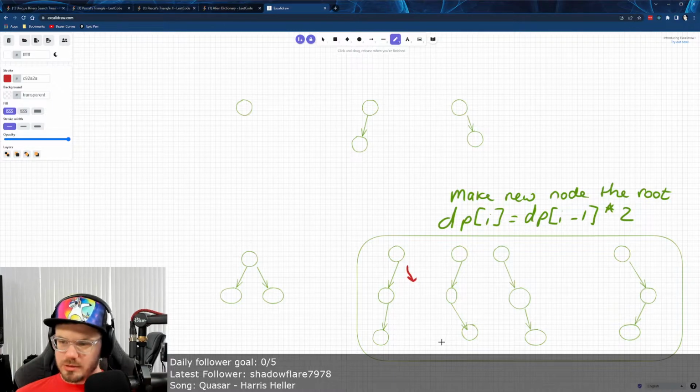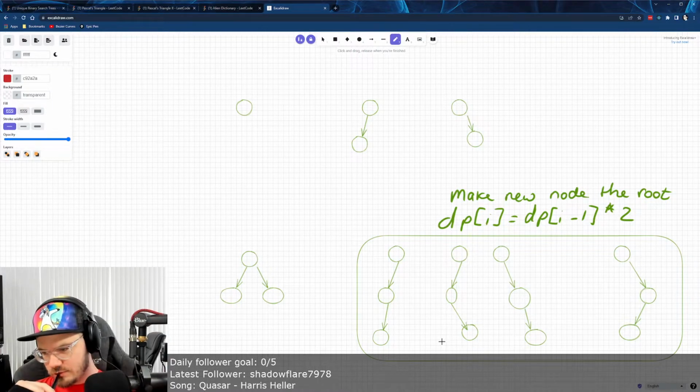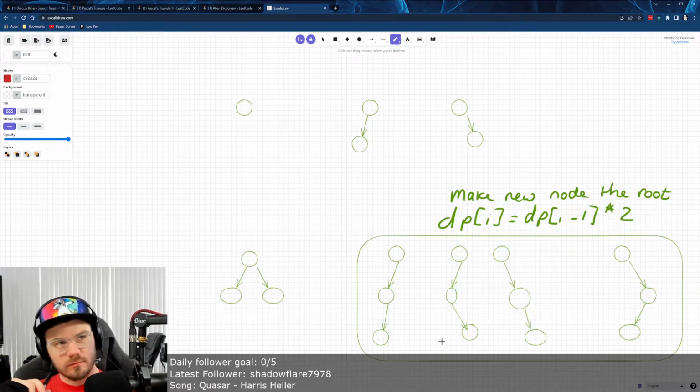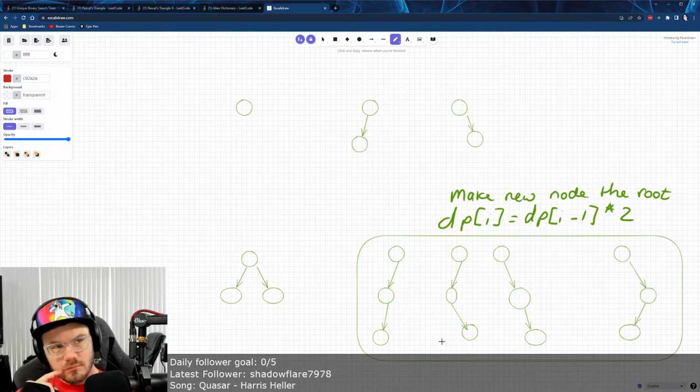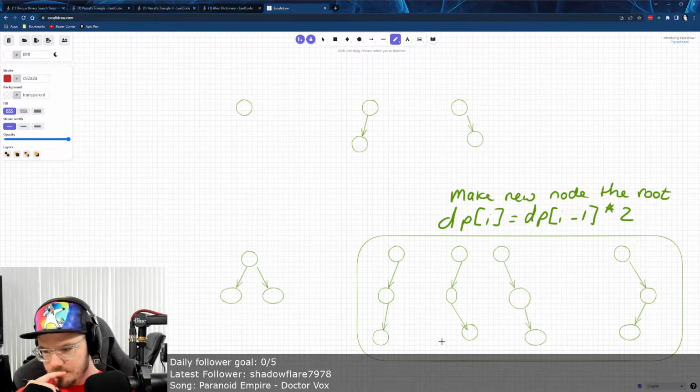So how do we dedupe that in the math? That's what I'm trying to figure out. How do we dedupe that in the math?